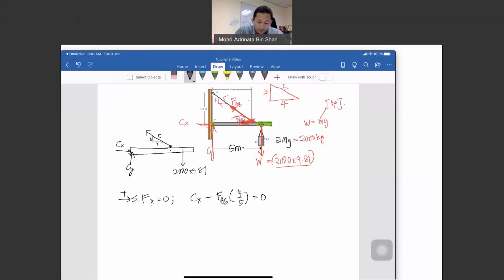And we have our Fy equals 0. And for Fy, we have Cy positive plus FAB times 3/5 minus 2000 times 9.81.